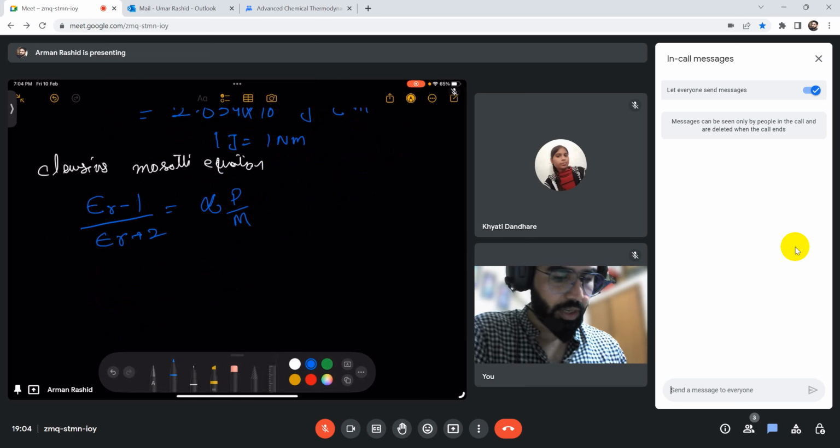This relates the dielectric constant to that of the permittivity.